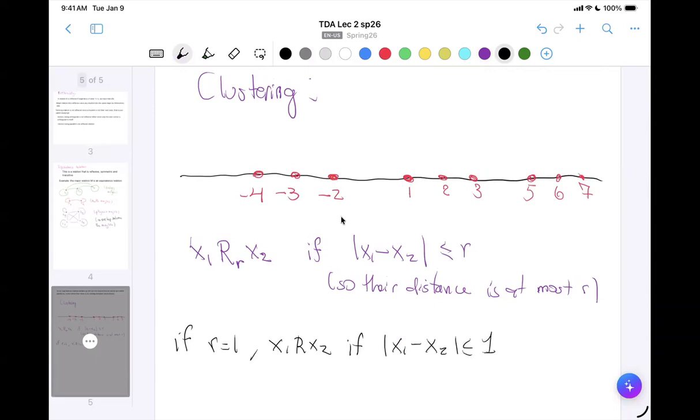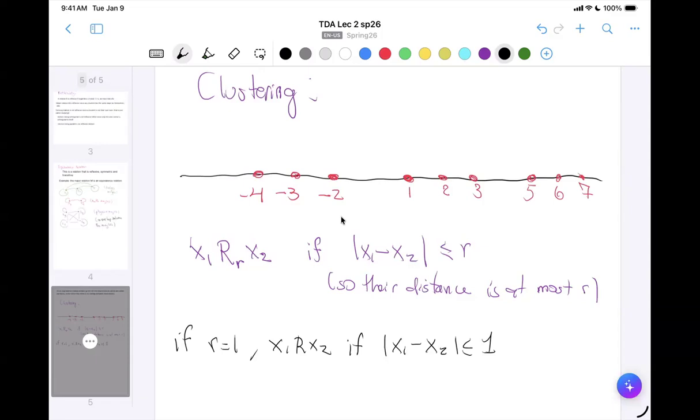And we can start with 1 just to kind of see what's going on here. So what do you think?